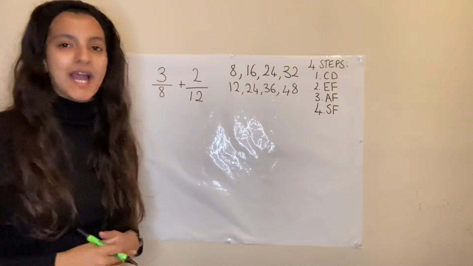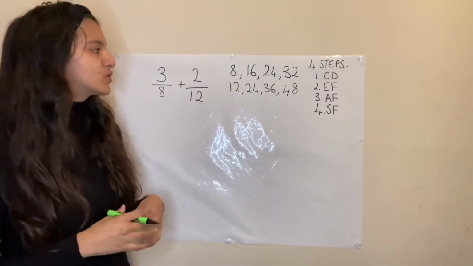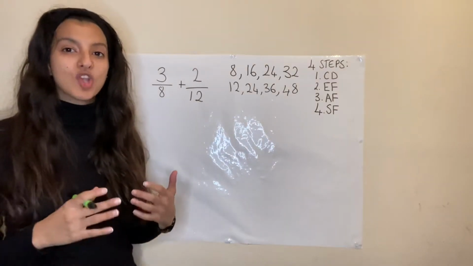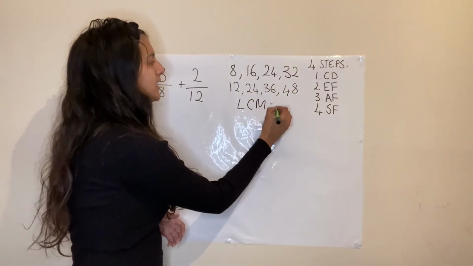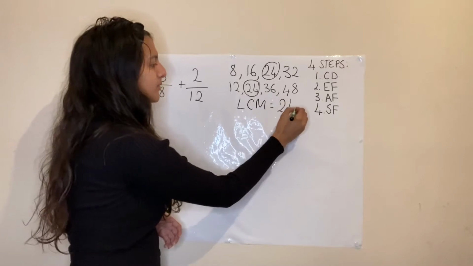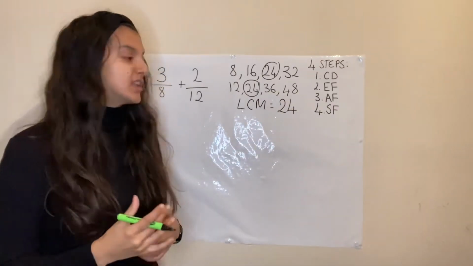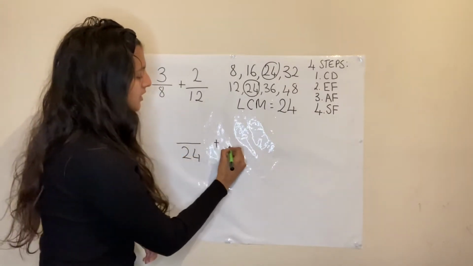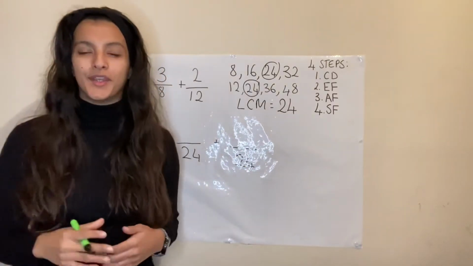Now, if we look at both of our lists, we can see that the lowest common multiple is 24. Which means our denominators are now going to be 24. So we're going to write 24 and 24. That's step number 1. Done.